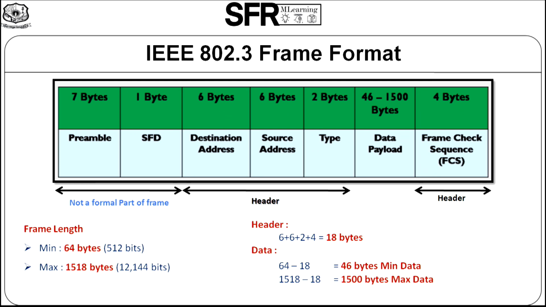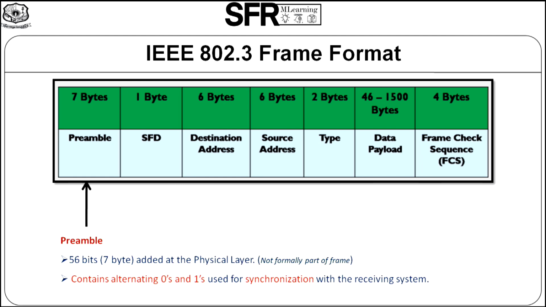The minimum data is 64 minus 18, which is equal to 46, and the maximum data is 1518 minus 18, which is 1500. So, the minimum data is 46 and the maximum data length is 1500 bytes.